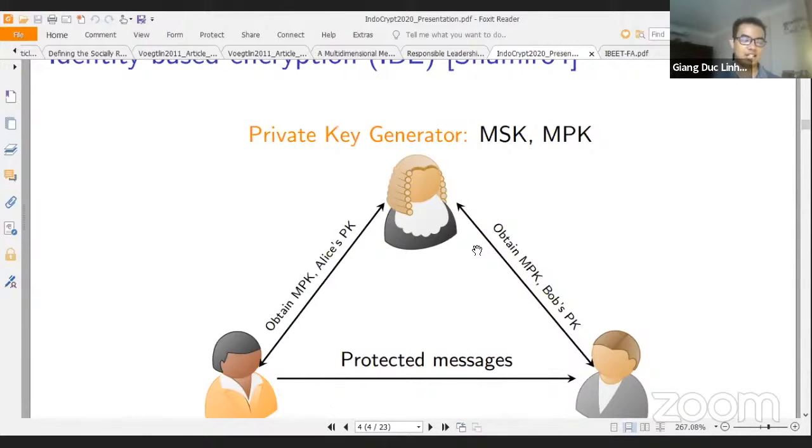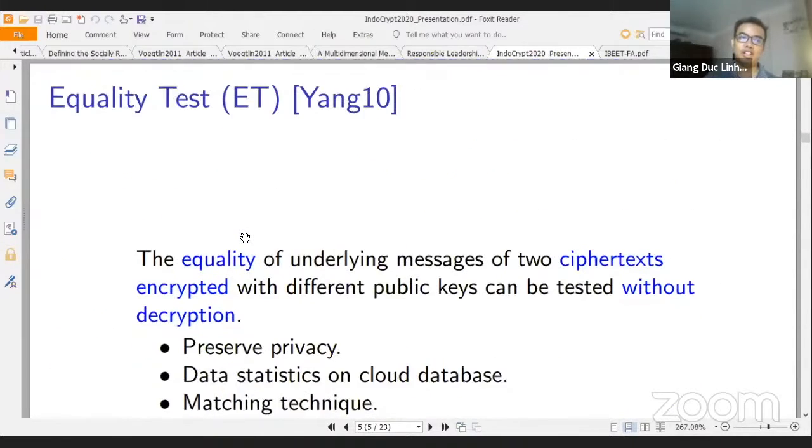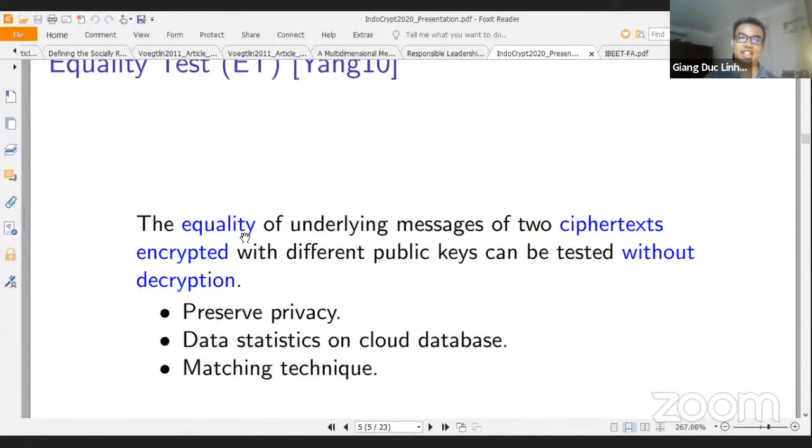More generally, IBE can simplify systems that manage a large number of public keys, rather than storing a big database of public keys. The system can derive the public key from the username or the email, or any other string. And then we will move on to the equality test.